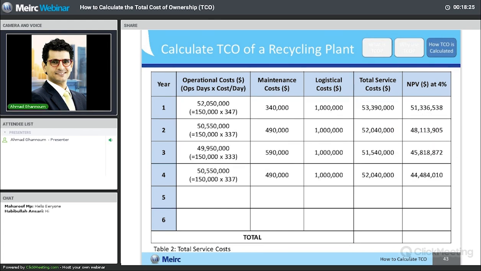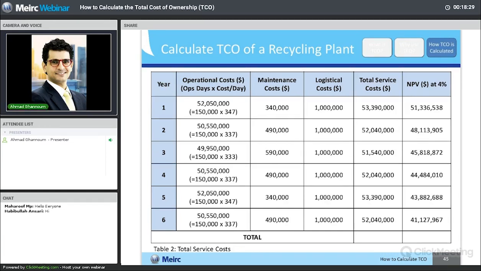We're going to do the same for year 3, year 4, year 5, and year 6. And then calculating the grand total of total service costs, we are going to get $340,440,000 in nominal values, but $274,763,980 in actual present value.